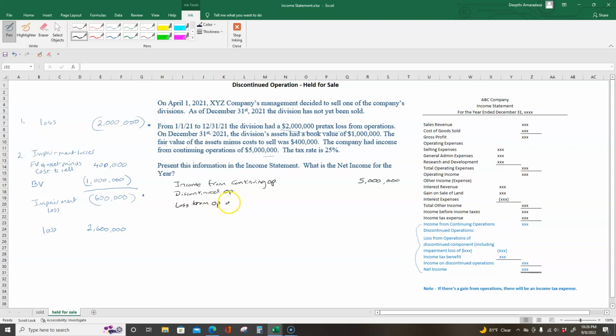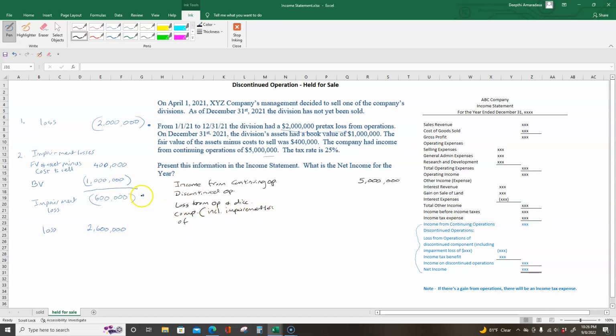And then in brackets, we're going to say including impairment loss of whatever the dollar amount. How much is the impairment loss?